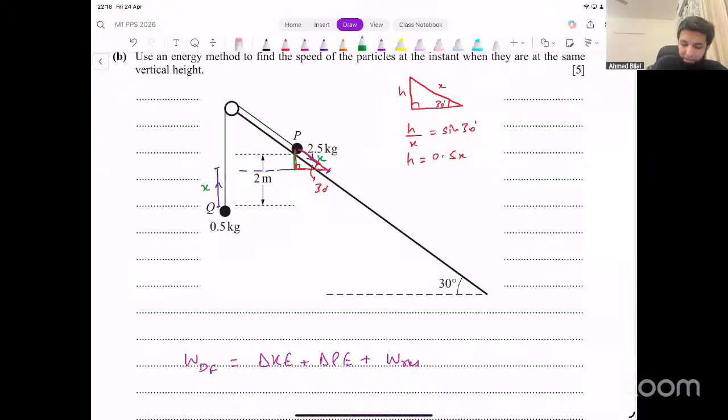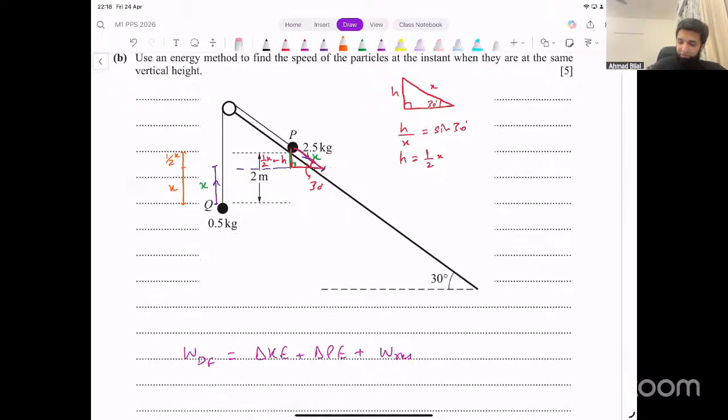So that means if Q moves up by X units, P moves down by 0.5 times X, or you can say half of X. Now, can we find the value of X? We know this distance is X now, and then this distance is half X. The total is 2 units.